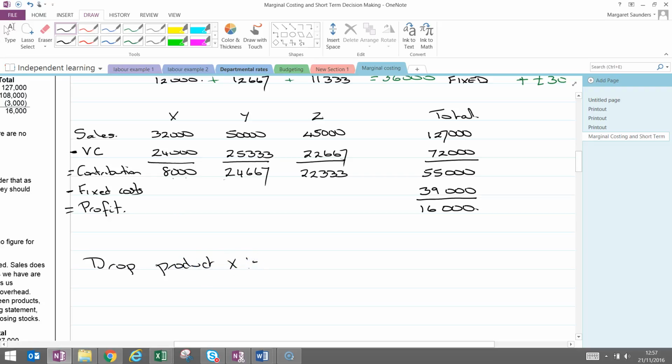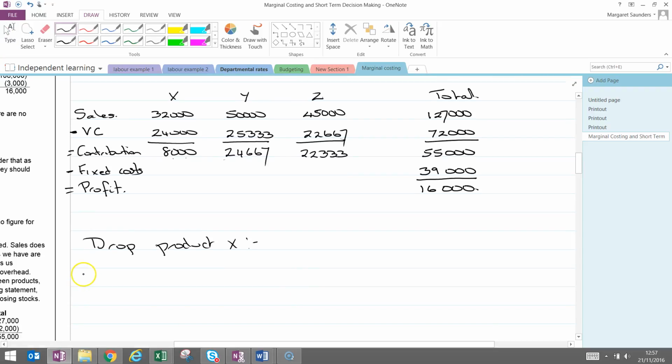So by dropping product X, if I just rewrite this statement, sales minus the variable costs will give us the contribution. Product X we're dropping. There'll be no sales, there'll be no variable costs, there'll be no contribution.